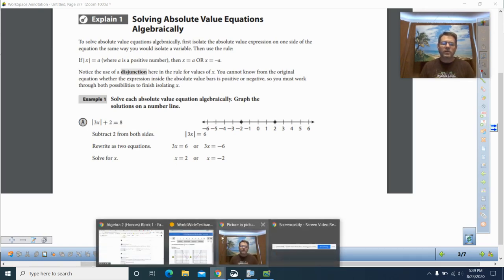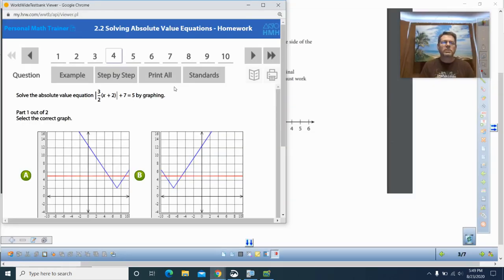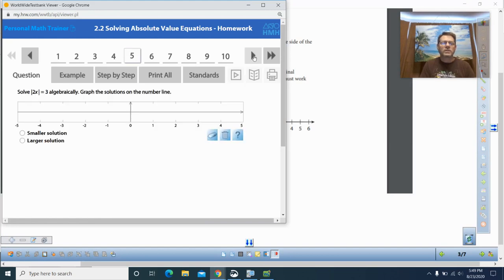Now, briefly here, let's do a quick look at something over here in the homework. It's a little bit weird. Something very similar to this is going to end up being, when you divide by 2, 3 over 2, which is 1.5. And you're going to get positive 1.5 and negative 1.5 for this problem.